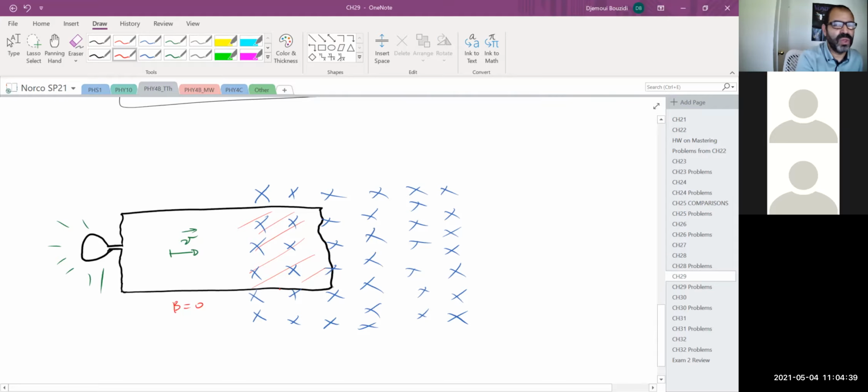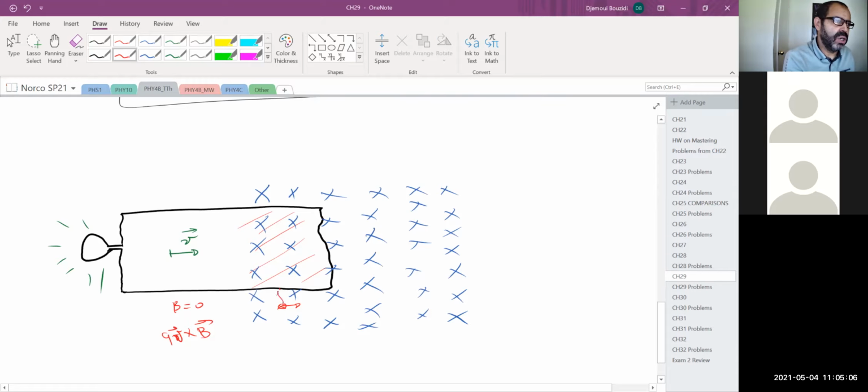Since this charge is moving with the wire, this charge is moving this way, and the magnetic field is pointing into the screen. So if I apply the Lorentz force, qv cross B, v is pointing this way, B is into the screen, so there is a force that is going to be pointing upward.